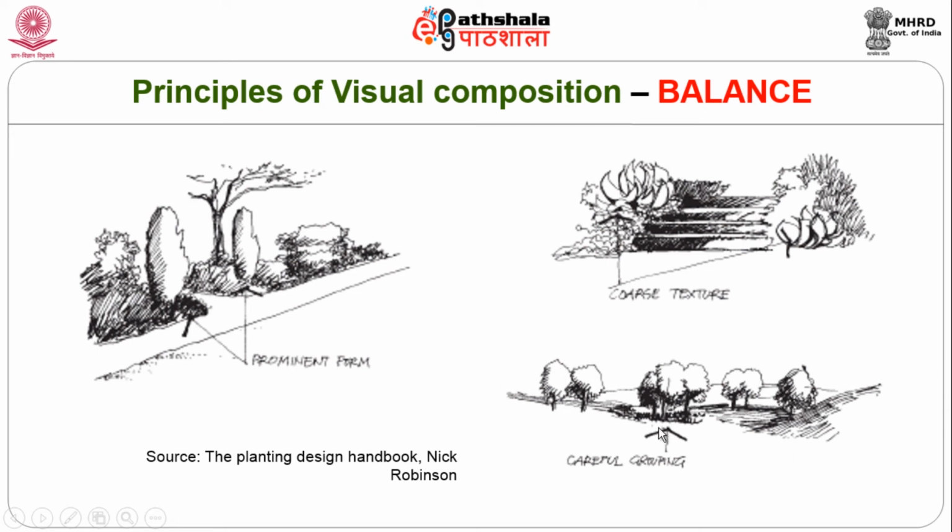So, as a single entity it looks very balanced, and what brings in that balance is a grouping of trees. There is a massing which balances out the scattered masses here, as well as a prominent form, and it could define entry points and other vistas as such.